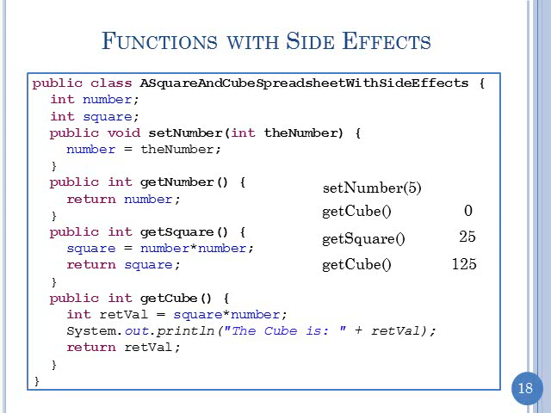So I use the word pure function, I've used the word impure function, I've used the word side effect. Now, the word side effect we hear a lot in the context of drugs, right? And what is the side effect in the context of drugs?